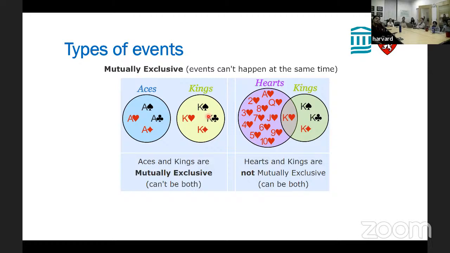You can't have both because they are different types of symbols in the cards. But if you say a heart and a king, then it's possible because you have one card that could fulfill both categories. So that's a quick example of mutually exclusive and not mutually exclusive.